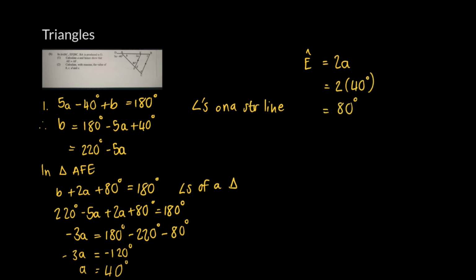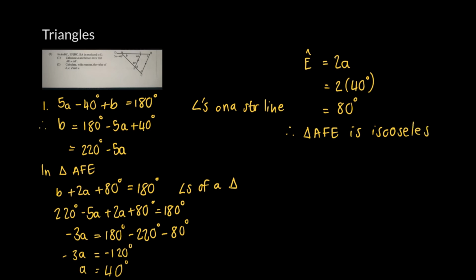Now this is very helpful because that means that triangle AFE is an isosceles. Isosceles. There we go.